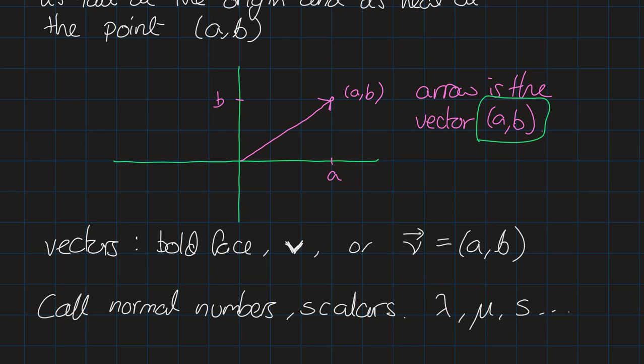You can use whatever. There's no law which tells you which letter you have to use, but it's common to use these letters, just like it's common to use this notation when talking about vectors. So when we're talking about vectors, we call the normal numbers scalars.